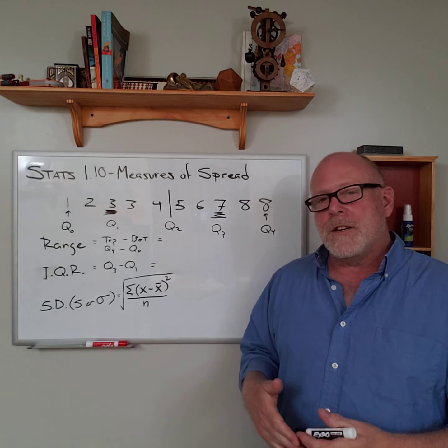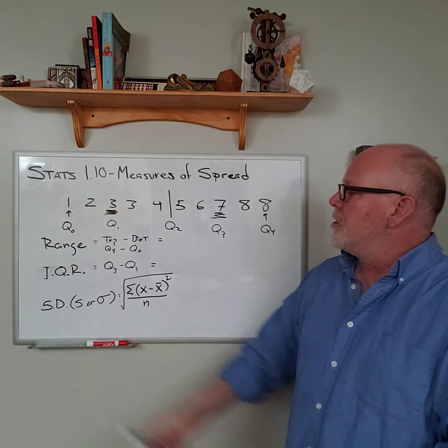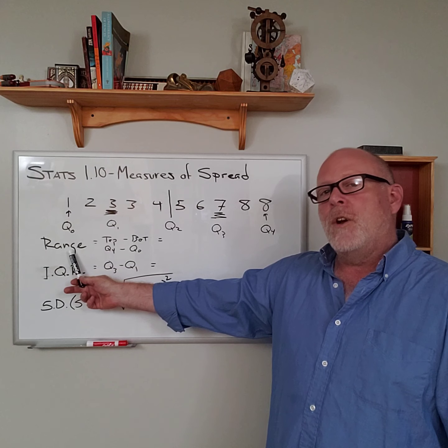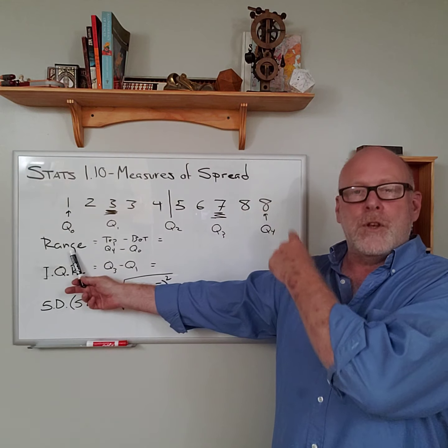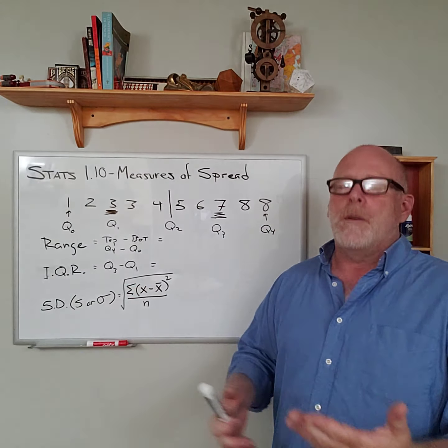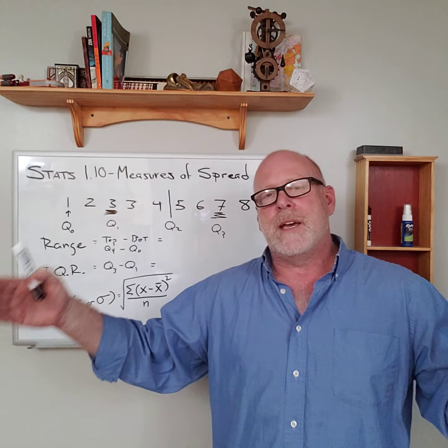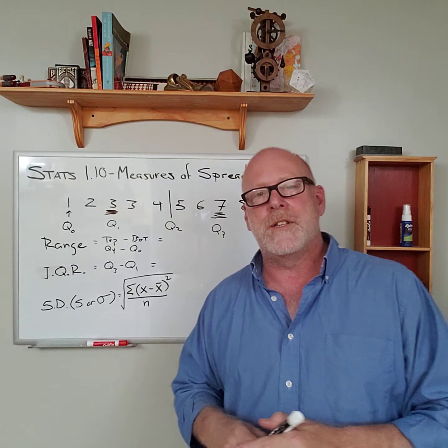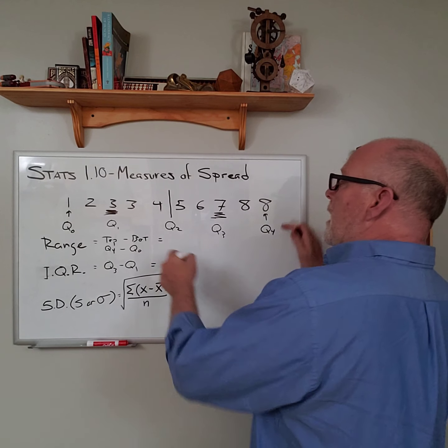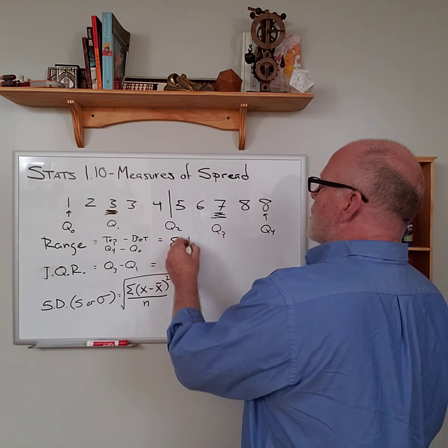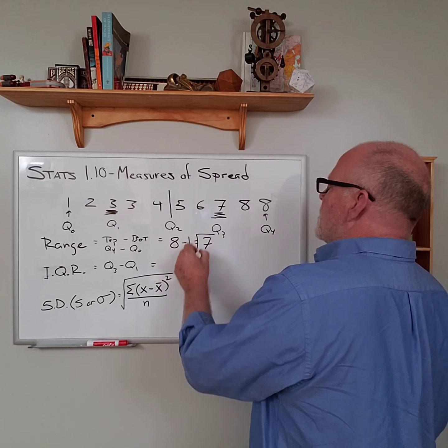But here we need to talk about them too, because to calculate the range, we're going to subtract Q4 minus Q0, the maximum minus the minimum. The range is how far apart the biggest and the smallest members of this data set are. So here, in this example, that's going to be 8 minus 1, which is 7.